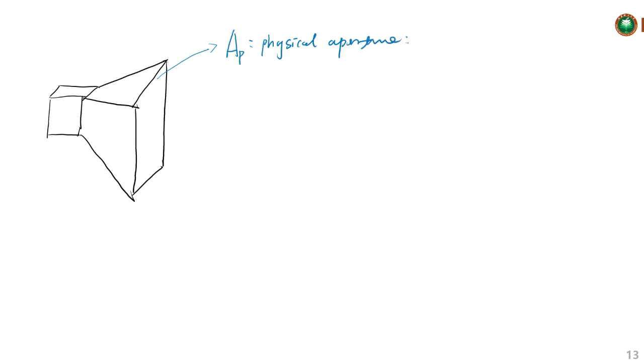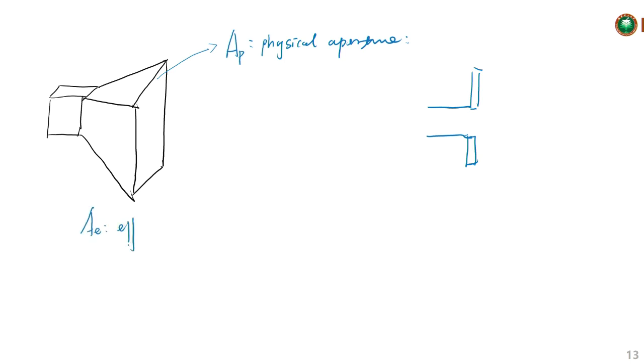But sometimes we do not have the physical aperture. For example, we have the dipole antennas, as we mentioned previously. So it has no physical aperture, right? So we need to define another parameter, AE.